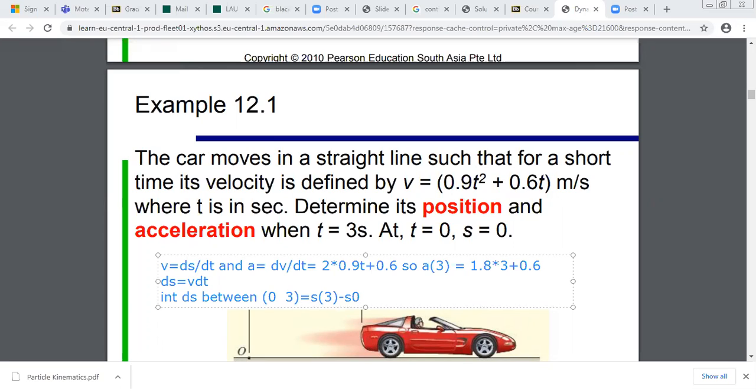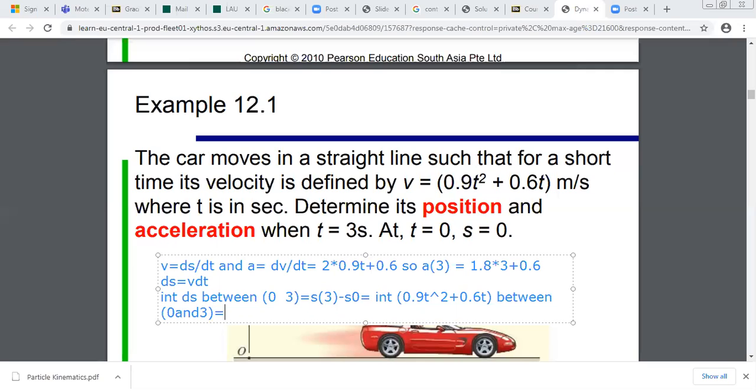Equals, from the other side, you will integrate the velocity function, which is 0.9t squared plus 0.6t, and this integration should be performed between 0 and 3.